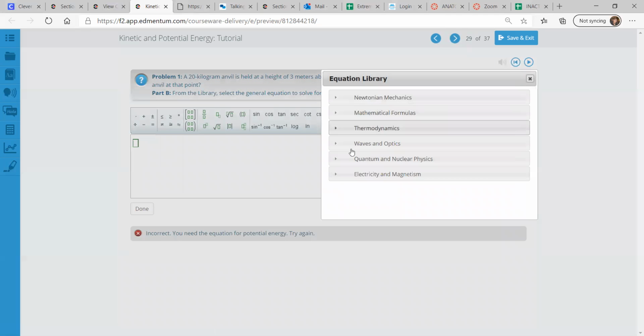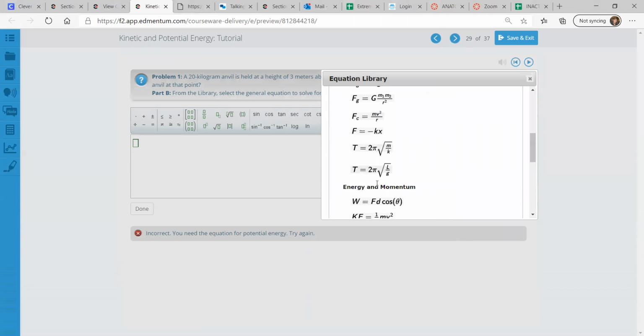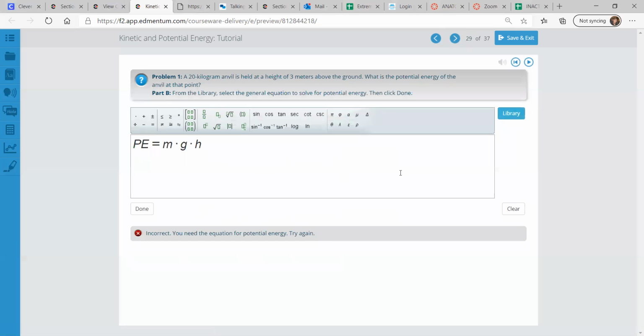From this point, you have to go to the correct energy equation for potential energy. And that is potential energy equals mass times the acceleration due to gravity times the height.